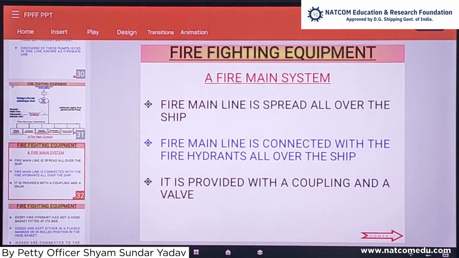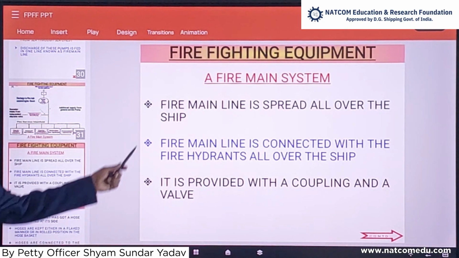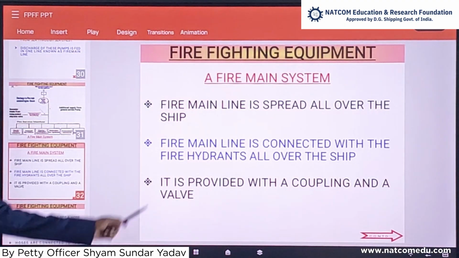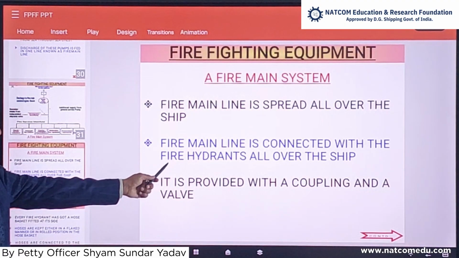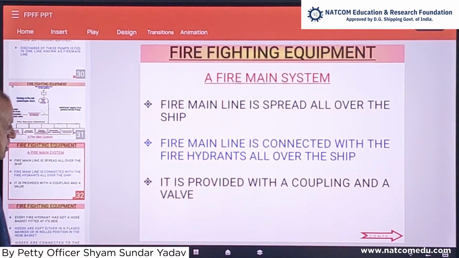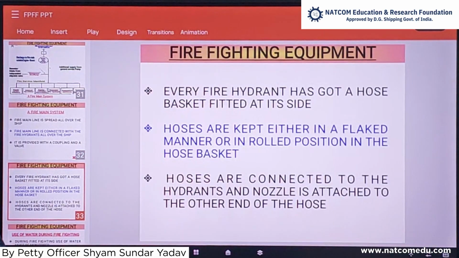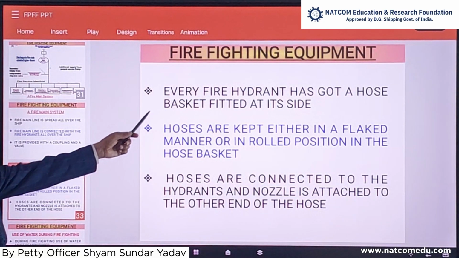So you can read here, fireman pump, as I told you also, spread all over the ship, fireman line connected with the fire hydrant, and it is provided with a coupling and a valve. This is also most important.